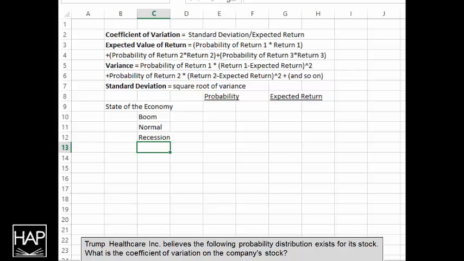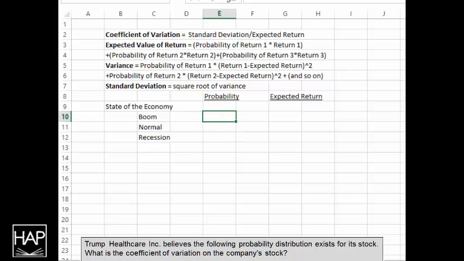I've laid out the formulas that I'm going to be using. So again, to calculate the coefficient of variation, I need to take the standard deviation and divide it by the expected return. To calculate the standard deviation, I need to first find the expected return. I'm going to put in the information that was given to me.